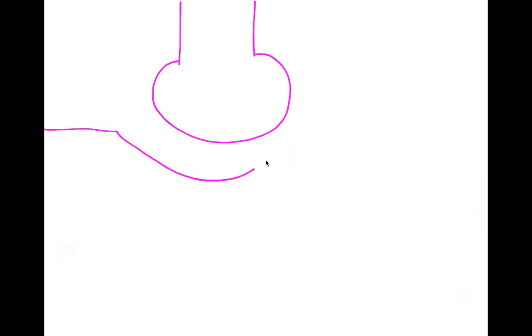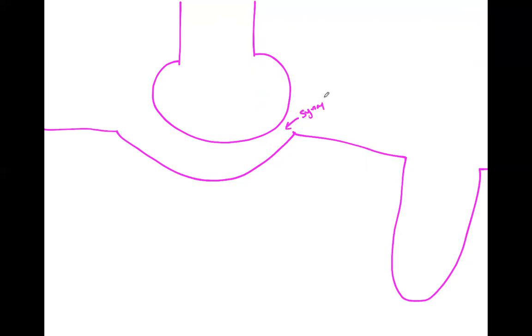So what we have is, again, here is my axon and axon terminal. Try to say it with me as I'm writing it, guys. This is my synaptic cleft, right? These are my vesicles with ACH, right?